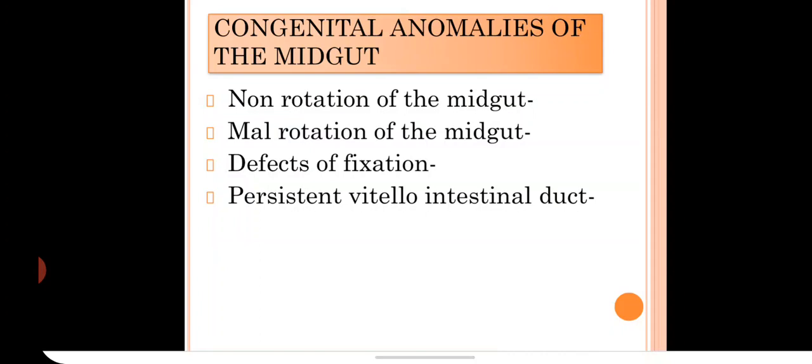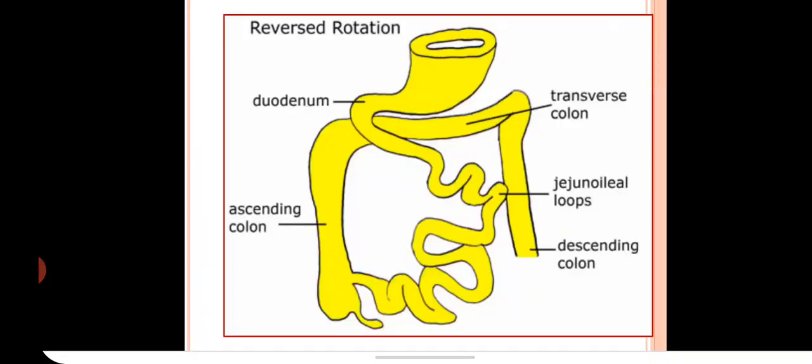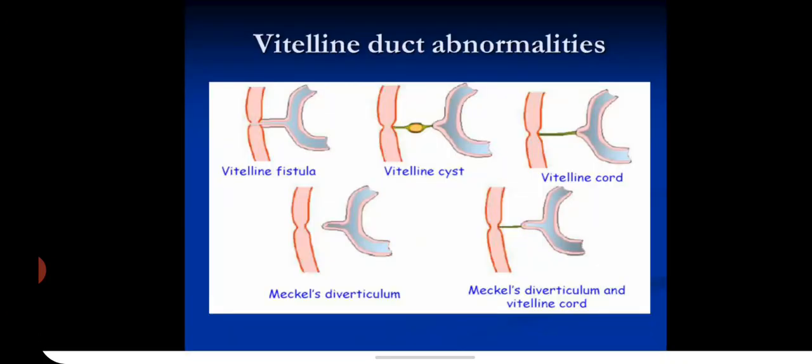There may be defects of fixation. So the ascending colon may have a mesocolon, and the descending colon may have a mesocolon. That may be the defects of fixation, and sometimes a persistent vitellointestinal duct. So this is the non-rotation, and this is the reversed rotation or malrotation. This will be the vitellointestinal duct abnormalities.